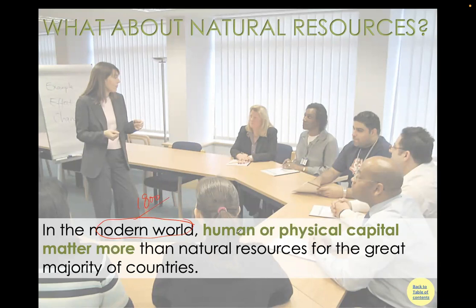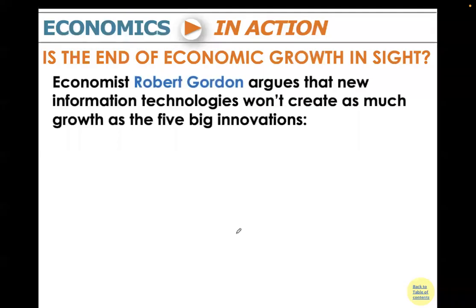Okay? This is true for most countries. Right? So now we have seen the value and the importance of technology. Technology tells you how much a worker can produce given the physical capital and the human capital. And technological progress is going to lead to improvement in labor productivity.